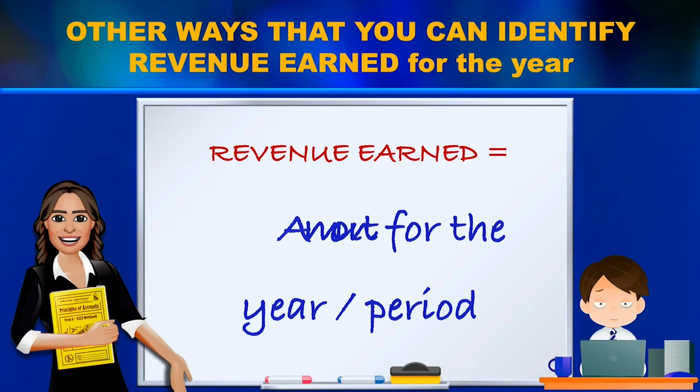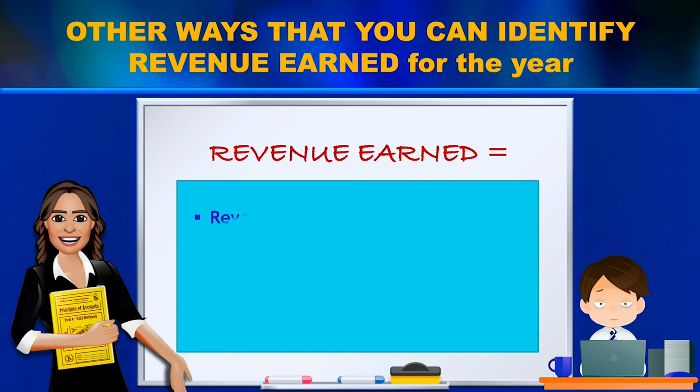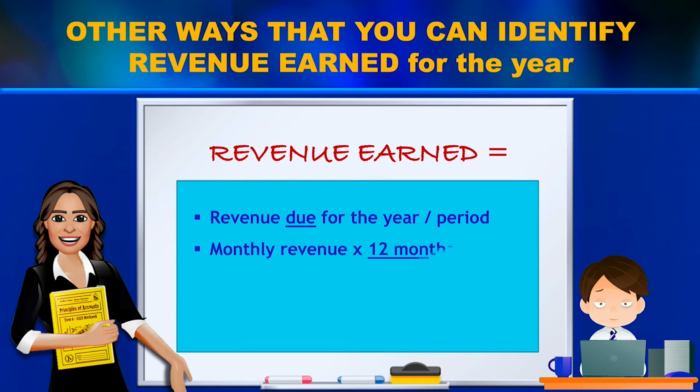Revenue due for the year or the period, they tell you that is the amount that goes in the income statement. If they tell you a monthly revenue, it will be multiplied by 12 to get the annual amount or the yearly amount. Or they might tell you how much was completed or earned. That is the amount that will go in the income statement.